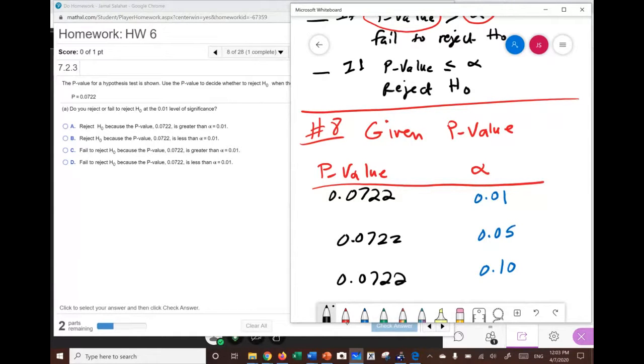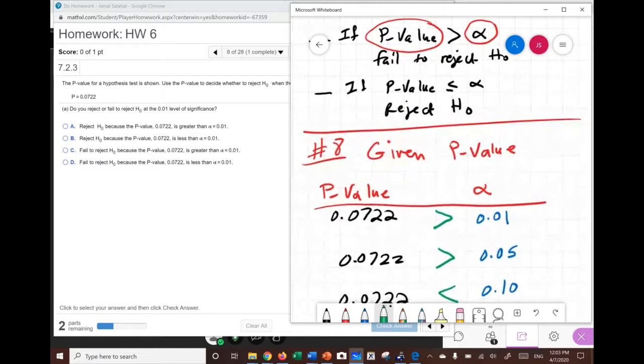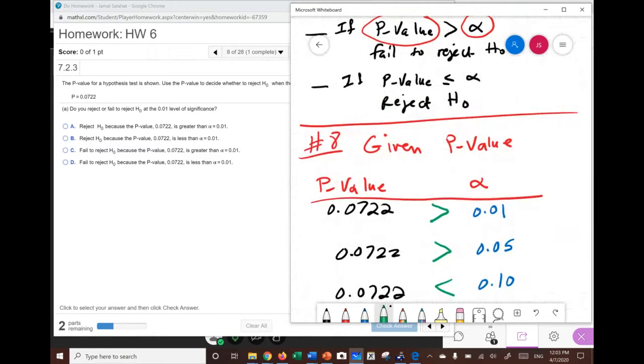Notice that the 0.0722 is bigger than the 0.01. Notice the 0.0722 is bigger than 0.05. Notice the 0.0722 is less than 0.10. Based on the rule that we have on top, for the first two cases, the p-value is bigger than alpha.